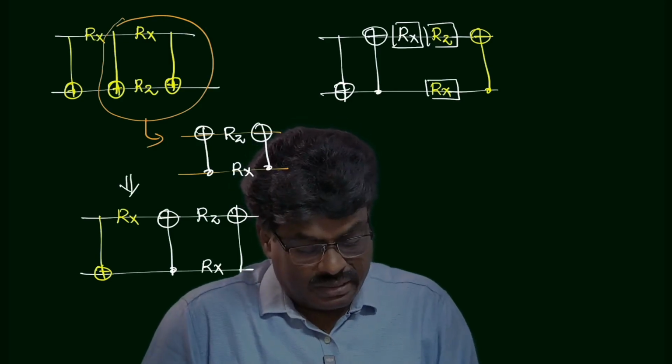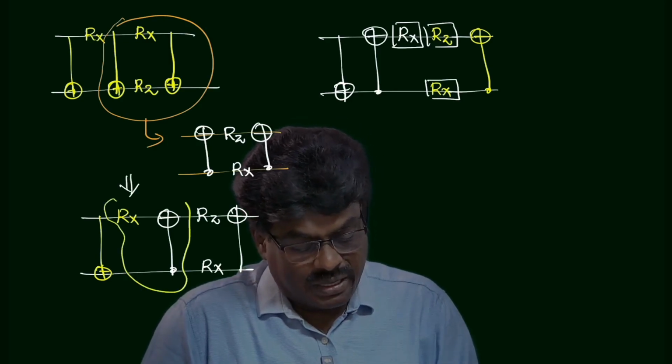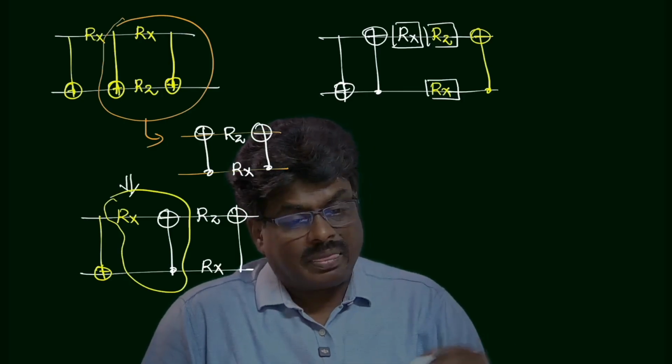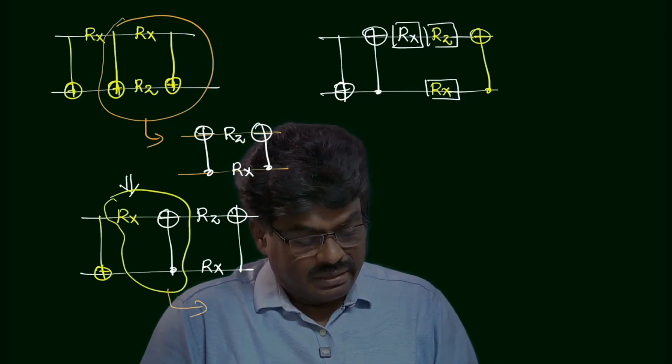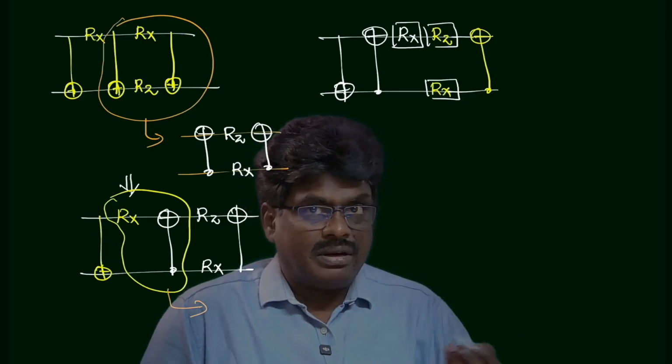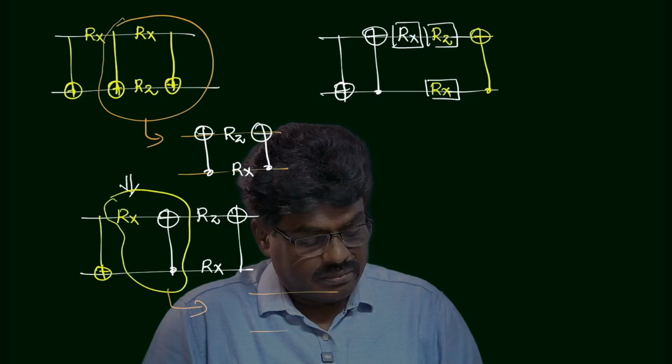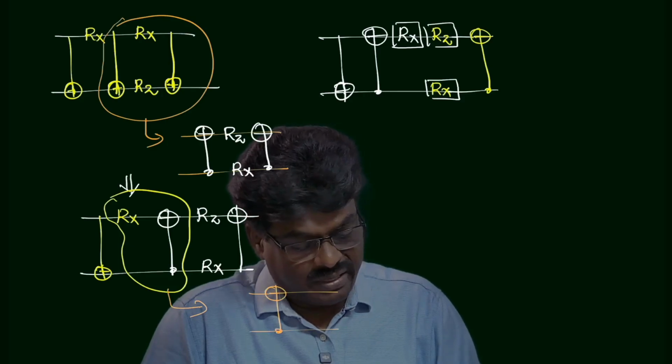And after that, earlier we have already seen this commutation relation, observe carefully this one. This can be written as Rx CNOT, CNOT Rx. Already we have verified this.